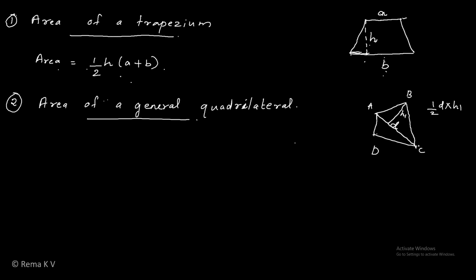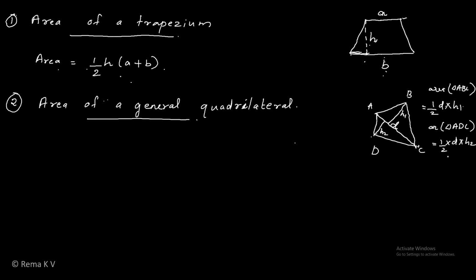Now the next triangle is ADC. The base is AC and the corresponding height from D is H2. So the area of triangle ABC is half D into H1, and the area of triangle ADC is half D into H2.